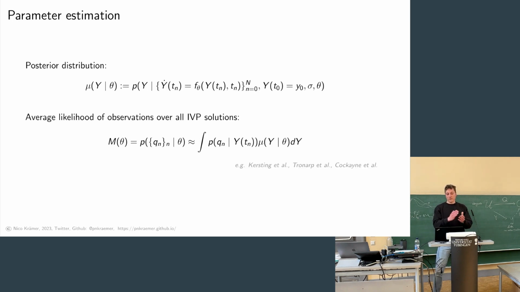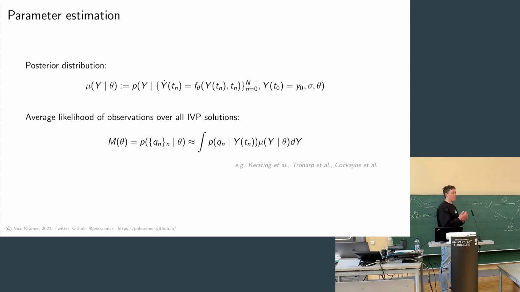Well, let's say our posterior distribution is called mu. It's a function of y conditioned on theta, the ODE parameter. And that's just the ODE posterior: y conditioned on the constraints, the initial condition, and then we have sigma, and we have this theta parameter. Our posterior actually has the state derivatives as well, but it's Gaussian, so we just marginalize them out and throw them away. We want the distribution over y.